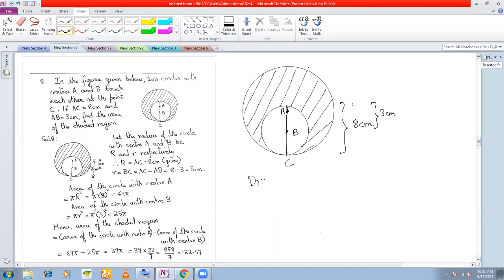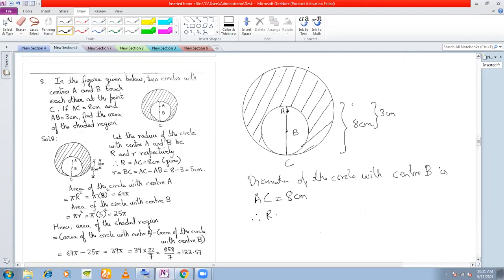Diameter of the circle with center B is AC, equal to 8 centimeters.